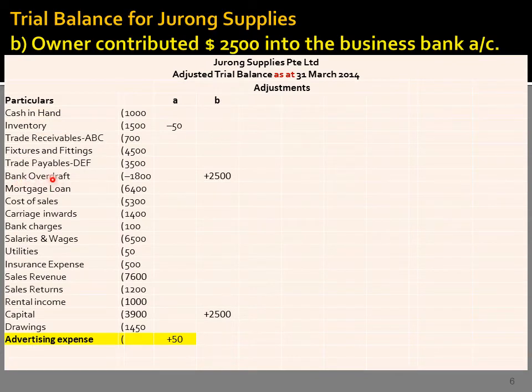We do not see the cash at bank account, but there is a negative cash at bank account as seen from the bank overdraft account, which means that there's a negative $1,800 in the business bank account. After this adjustment, we would add $2,500 in the business bank account. The other effect is the capital account will increase by $2,500.